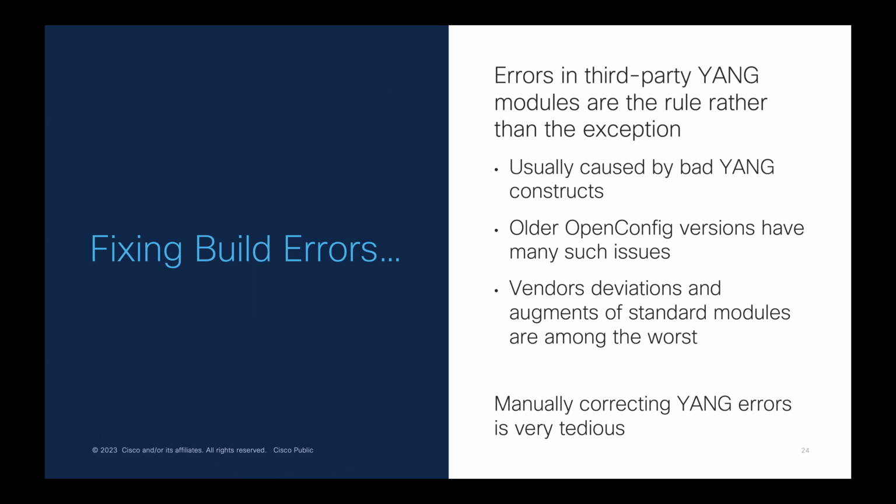A particularly common source of bugs is the custom augments and deviations that device vendors use to extend or limit the standard YANG models. And it is of course possible to manually fix these bugs by manually editing the files before building the NED, but it is very tedious.